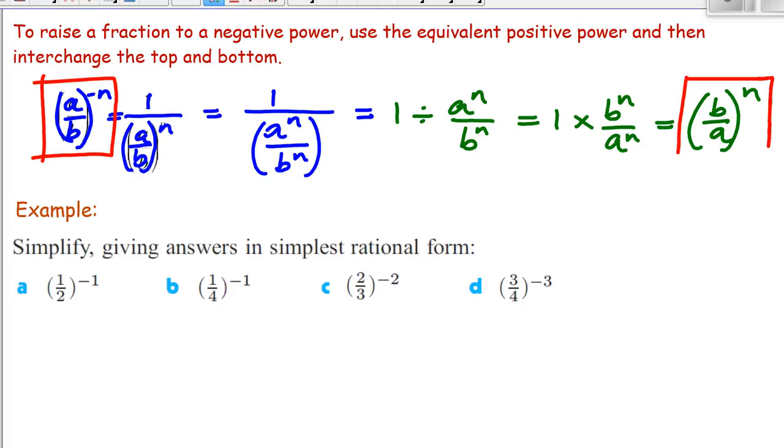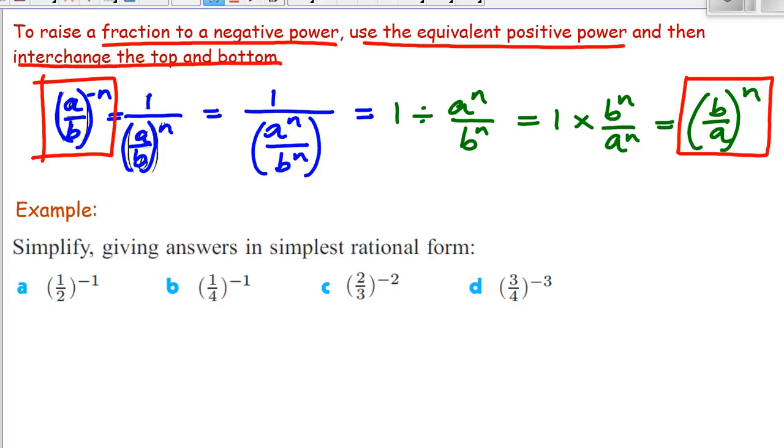Okay? So basically, if you have a fraction to a negative power, what you need to do is use the equivalent of the positive power, and then interchange the top and the bottom.